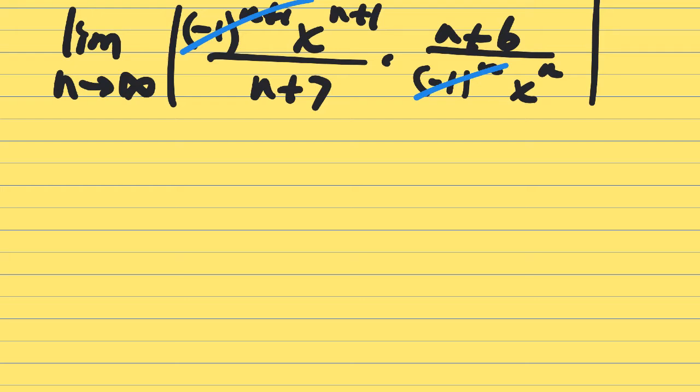x to the n will cancel that one, but it'll still leave one of those x's up top. Now this limit is only applied to n getting very large, so we can pull out that remaining x.